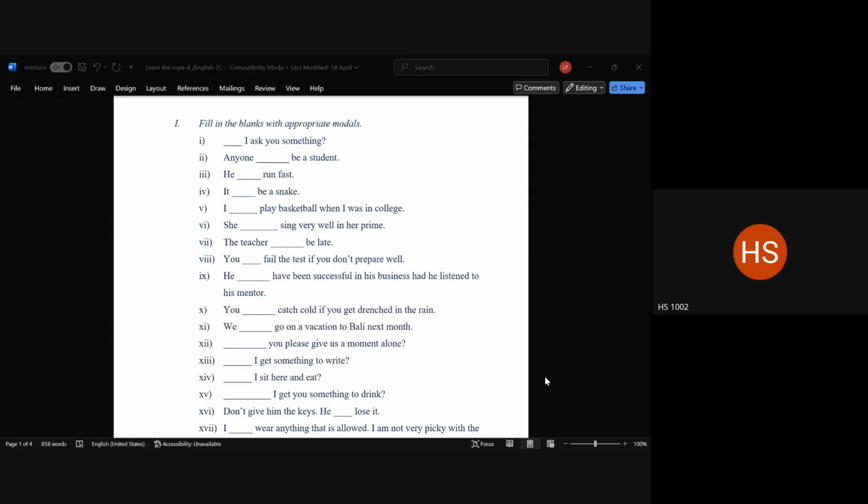The semi-modal verbs are also used for the expression of modalities, just like the core modal auxiliaries. So the difference is only the property of being able to inflect for tense.